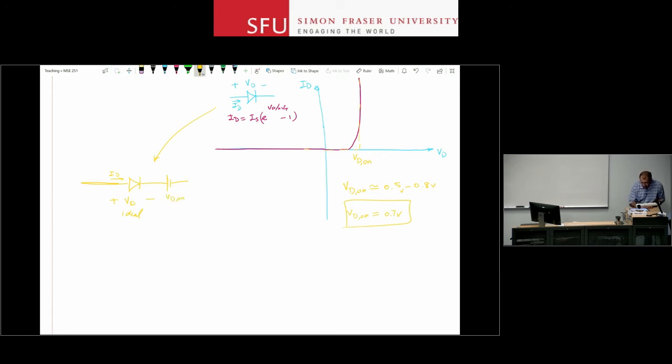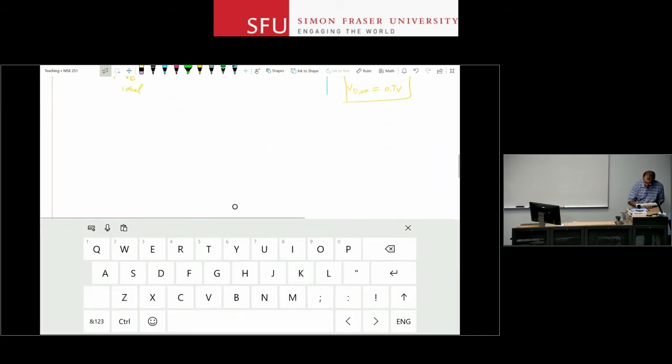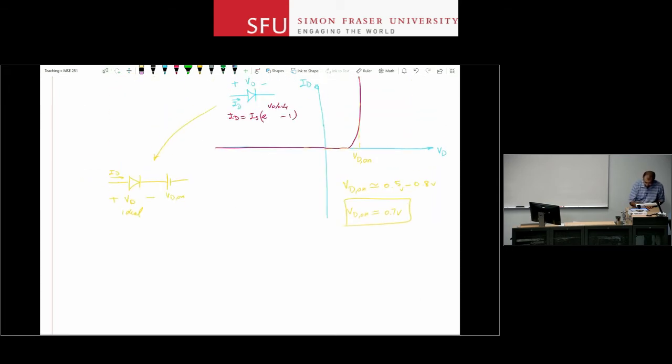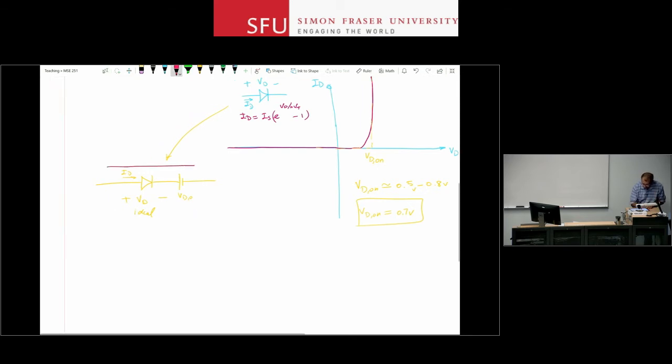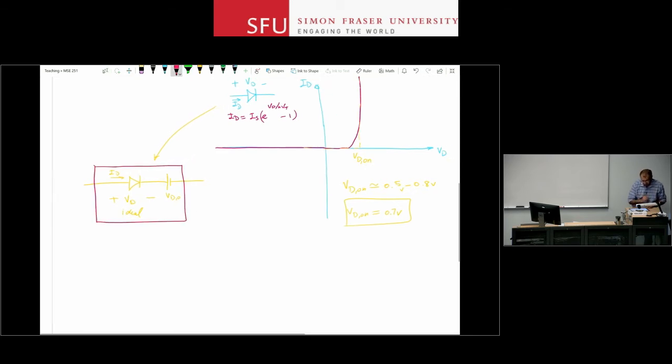And each diode that I have in my circuit, I'm going to replace with this combination. So this goes and sits in your circuit wherever you have a diode. You just take that diode out and put this combination in and then solve the circuit as before. So this represents a semiconductor PN junction.